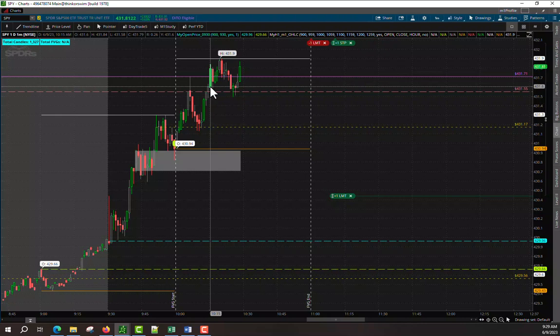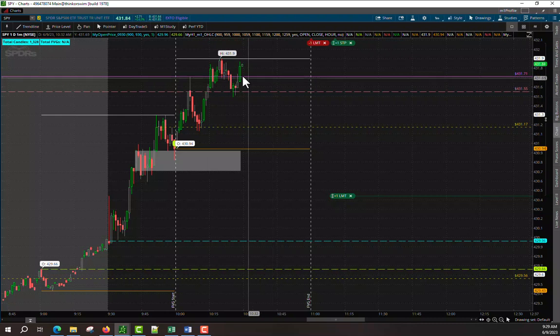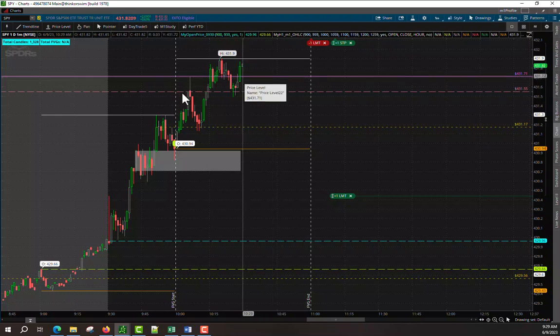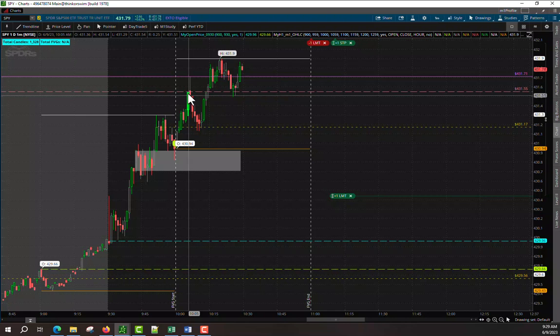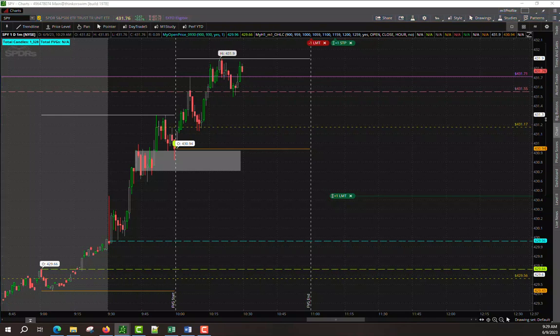Wow, that's very bullish right there. This is the bullish breaker. Retest it and then it continues to go up. Let's check it out, see what's the news.